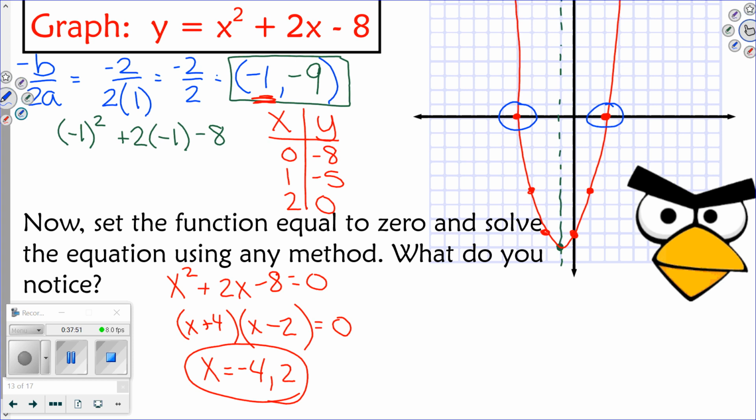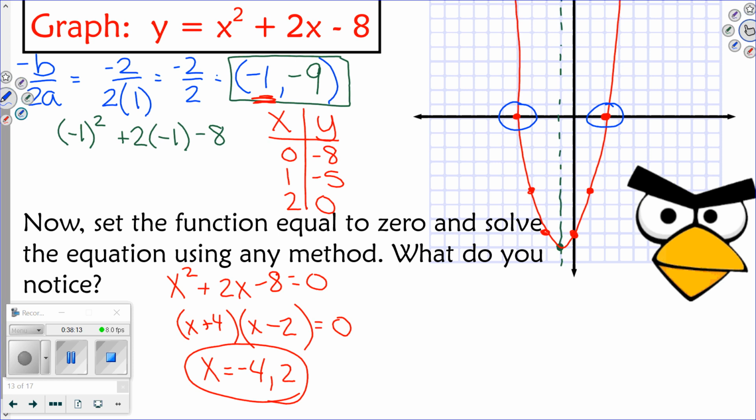Will that always happen? Yes, it will. If you do it right, it will always happen. Your answers when you're solving are the same things as when you graph it where it crosses the x-axis. Yay. Knowing that little fact helps us so much in the next chapter.